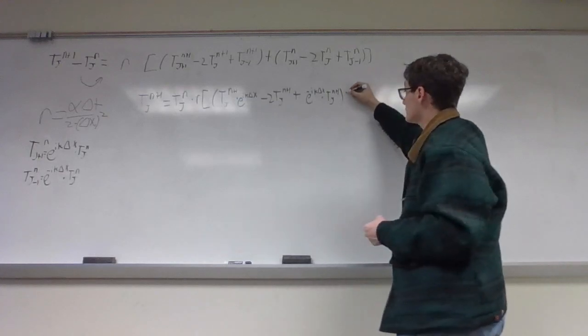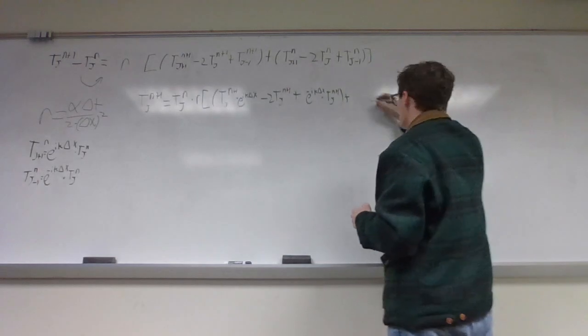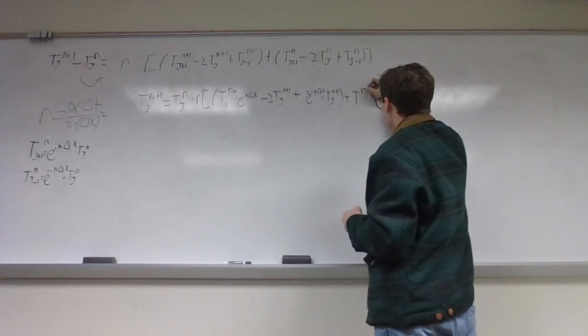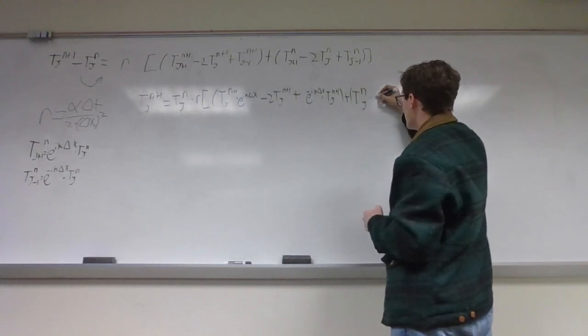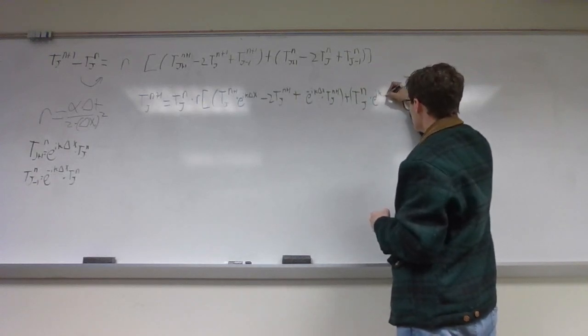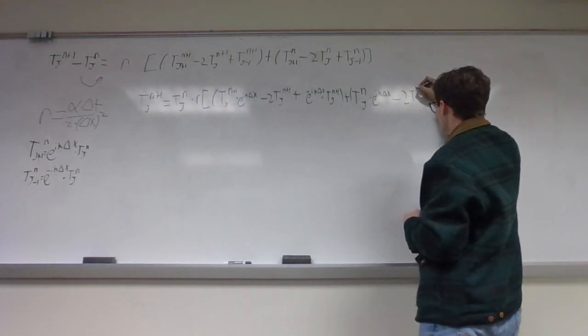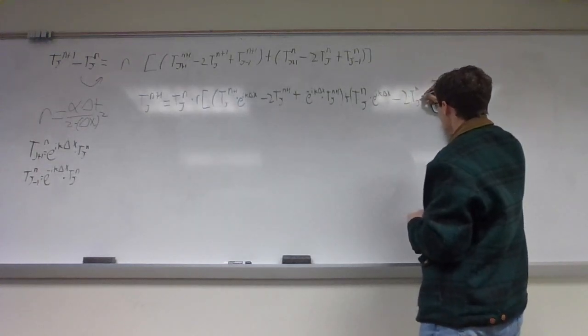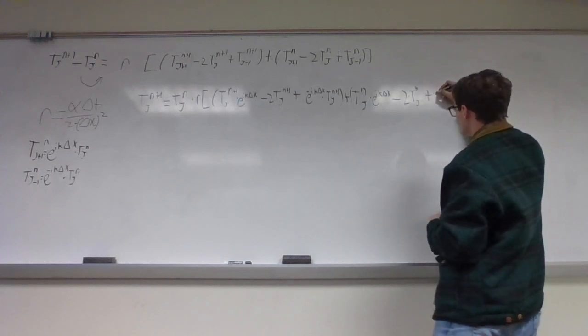And now we're going to add this fun little piece again. So t n j times e to the I k delta x minus 2 times t n j plus, let's see, t n j.